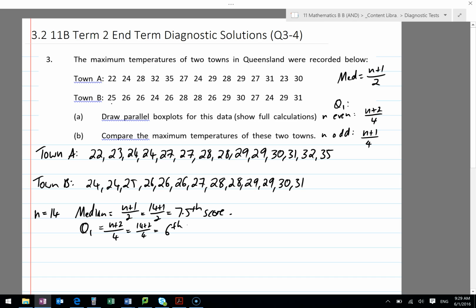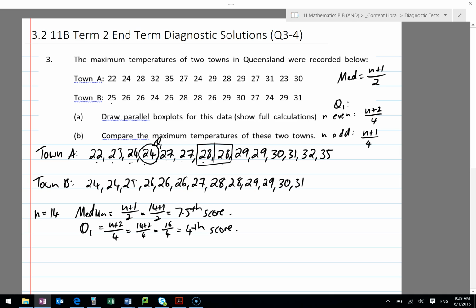So it'll be the 16 on 4, which will be the 4th score. Okay, so I should be able to identify these. So 1, 2, 3, 4. This is Q1. 5, 6, 7.5.